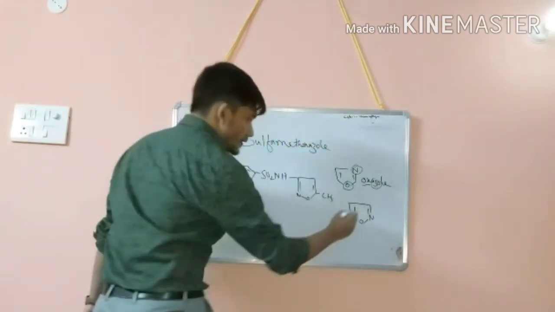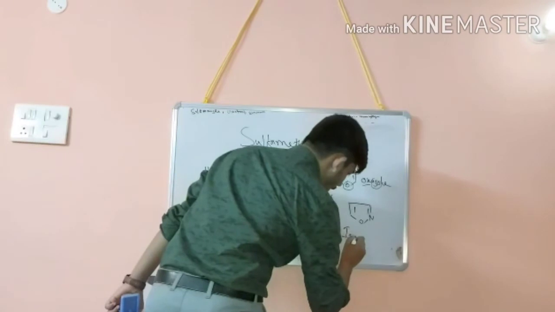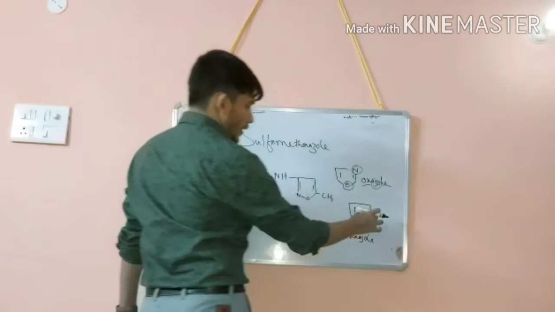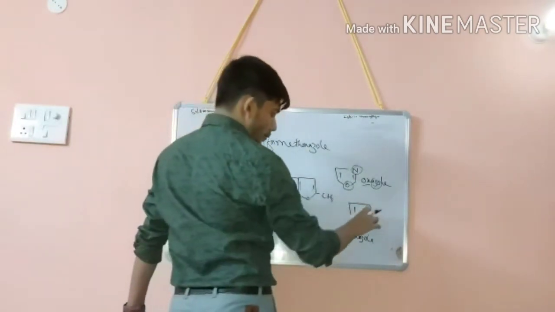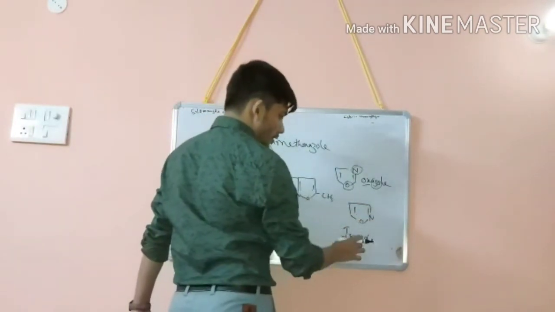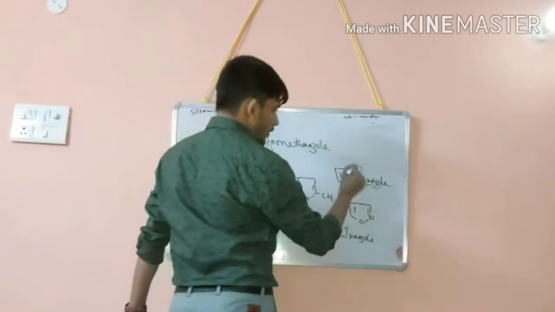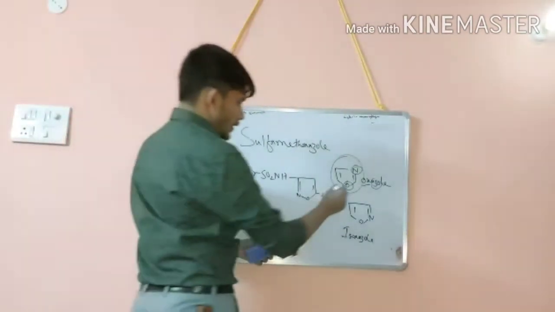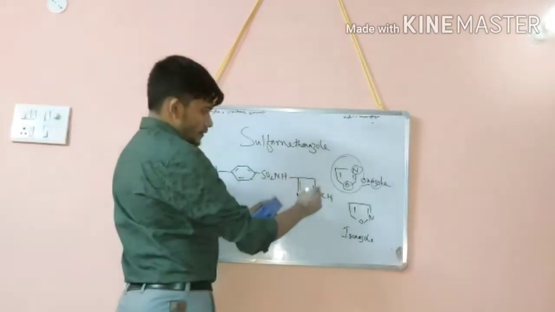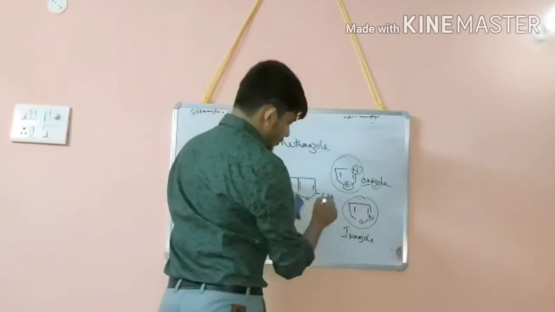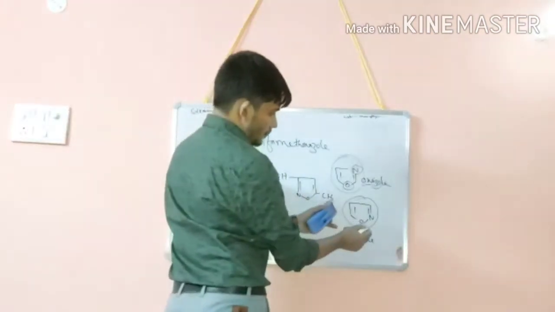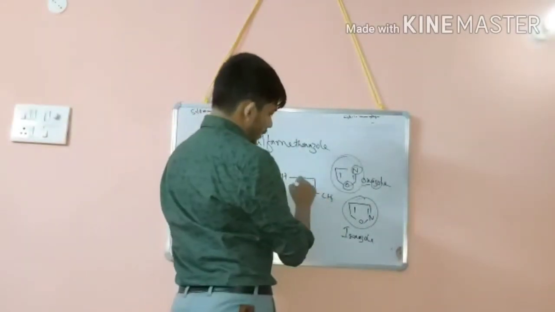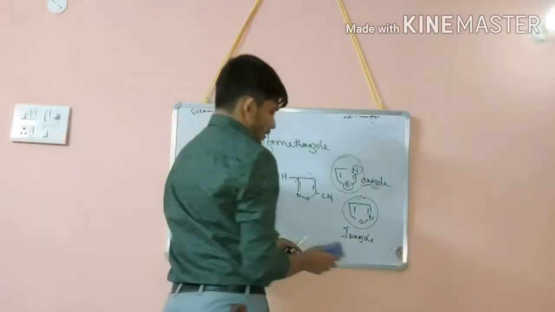This is called isoxazole. Whenever the nitrogen and oxygen are present in nearby positions, we call it isoxazole, and if it is like this, we call it oxazole. Here in this structure you will see nitrogen and oxygen in nearby positions, so it contains the isoxazole structure.